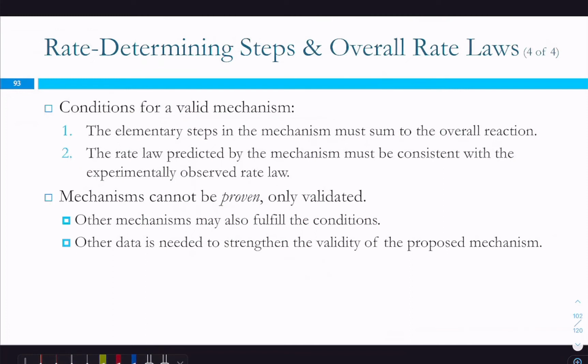Or maybe if you've got a rate law, you can predict what the rate of an intermediate converting into your final product would be, if you can create that intermediate in a different manner and prevent it from going to the product. But those are really only validations and not proofs. Because unless you can show something from an intermediate, there might be other mechanisms that can fill that same reaction or that can match the experimental rate law.